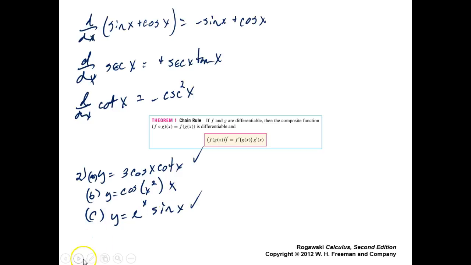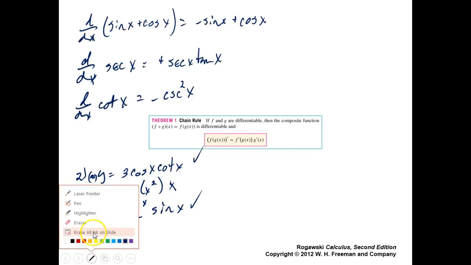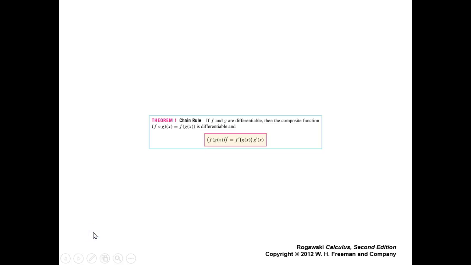Okay, so let's clear the screen and do number 3. Compute d by dx of sine squared x plus cosine squared x without using the derivative forms for sine and cosine.